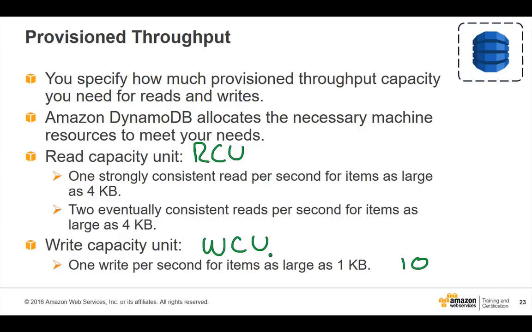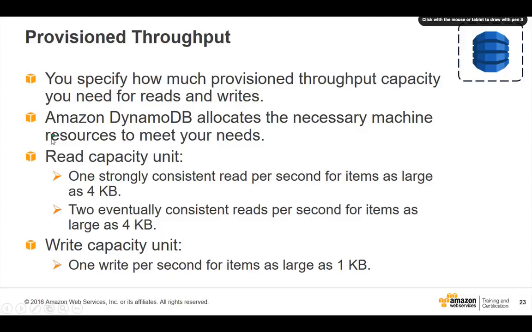You get the idea. The read capacity is based on a strongly consistent read, and I'll get into the difference between these two in a second. Let's just look at the strongly consistent read first. If you had an item that was 4k in size and you wanted to read that every single second, you'd need 1 read capacity unit.